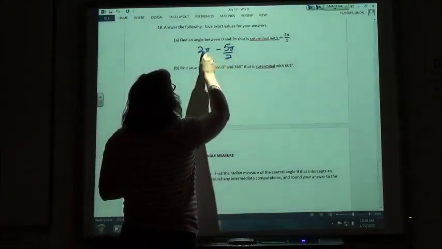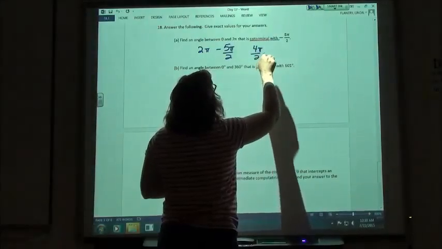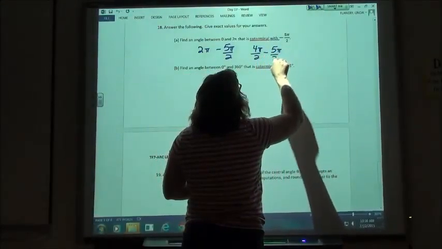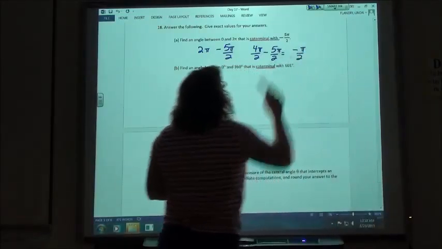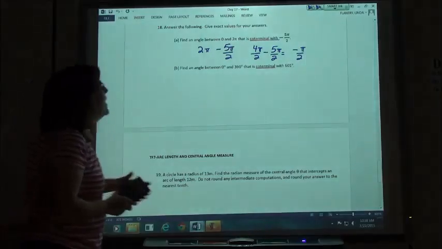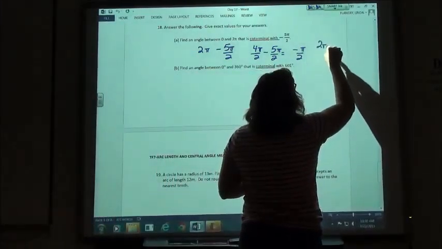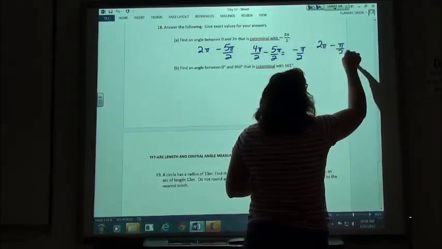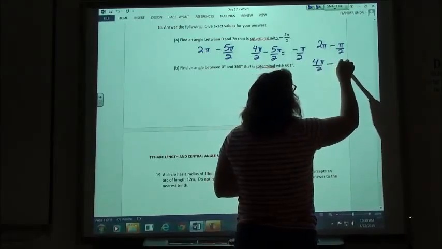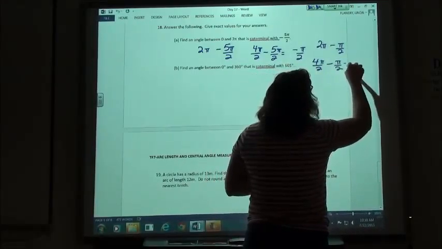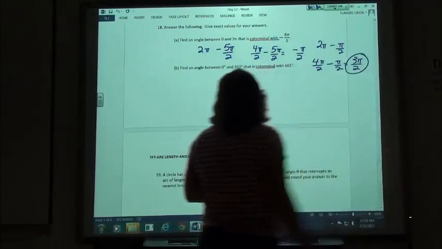And so here my common denominator would be 2. I'd have to have 4 pi over 2 minus 5 pi over 2. When I subtract that, I still get a negative pi over 2. So I end up having to repeat that process. I didn't leave myself much writing room, but I have to take 2 pi minus pi over 2 then. So 2 pi is 4 pi over 2 minus pi over 2 gives me 3 pi over 2.